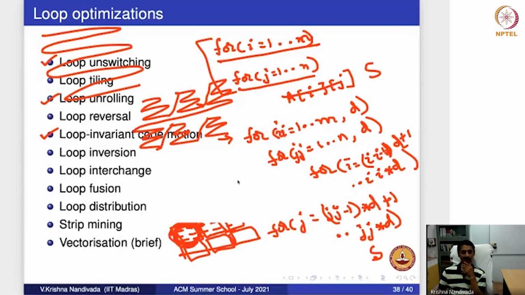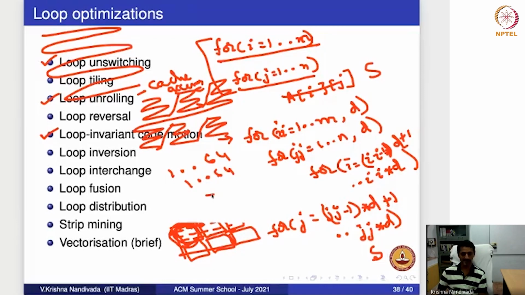So this is called loop tiling. Loop tiling helps in improving the cache accesses. Any questions on this? So instead of going from 1 to 100, let me make it 64, that will be easy for me.